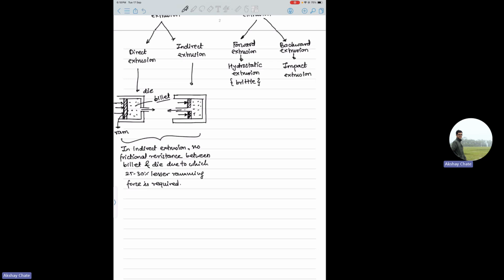So in the indirect case, you have a requirement of lesser ramming force because of less or negligible friction between the billet and the die. Okay, so that is how it goes.